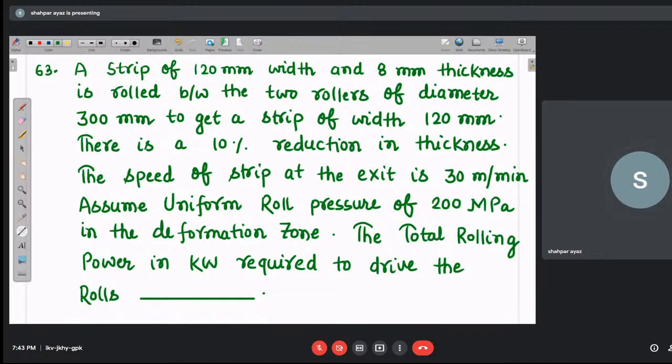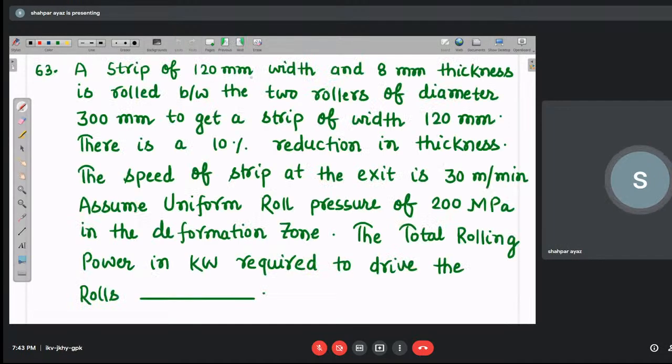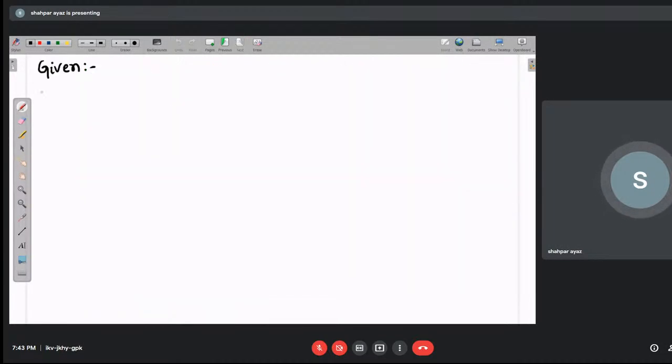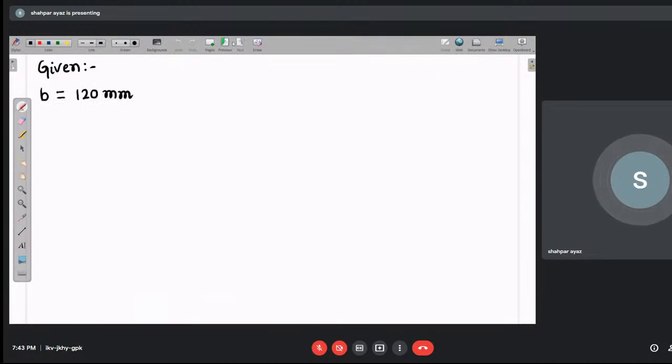See guys, this was quite an easy problem. Now let's understand. By doing this one problem, concepts are going to play. A strip of 120 width means width B is given as 120, and thickness is 8, H initial is 8.